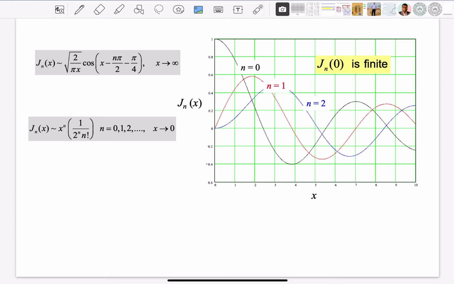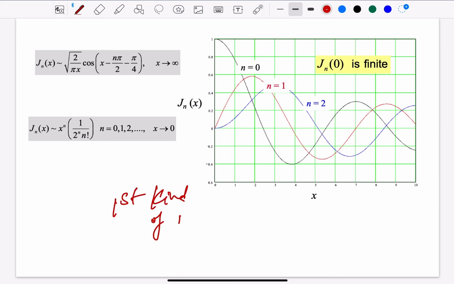Fine. So I'm especially talking about Jn here, which is the first kind of Bessel function.